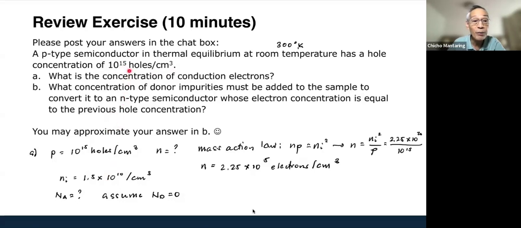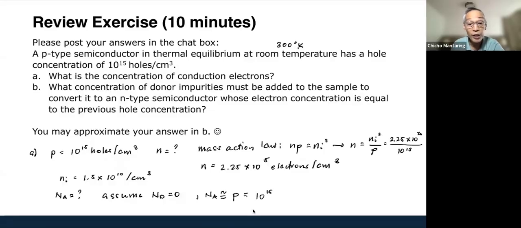So you assume that each of this came from an acceptor impurity, and therefore Na will be approximately equal to P. Right? So this is equal to 10 to the 15.